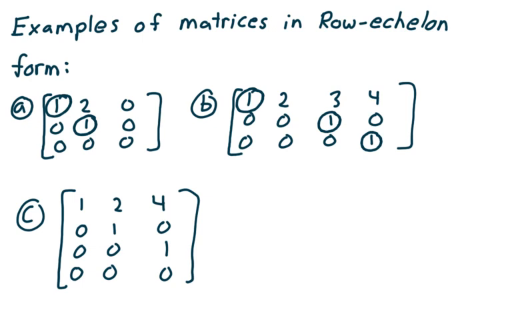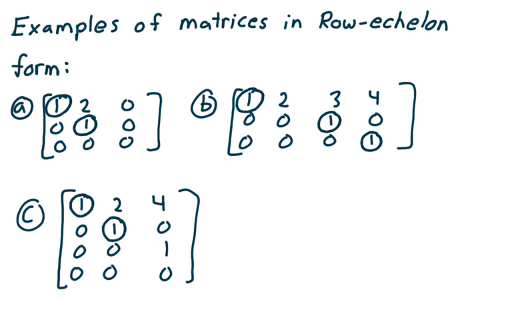And if we look at C, notice how the row of zeros occurs at the bottom of the matrix. Incidentally, this is a 4 by 3 matrix. That's the size of this matrix. In the first row, this is my leading one, the very first entry in the first row. In the second row, this is my leading one.